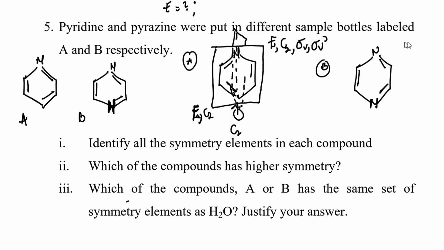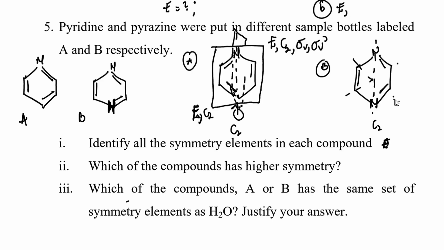The first thing, identity, is possible. Let's write it underneath here for B. The next thing is to check for proper axes of rotation, C. We can have C2 here, and also here, and also here.